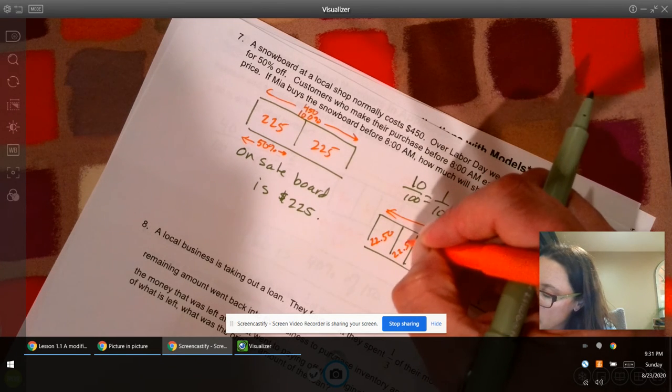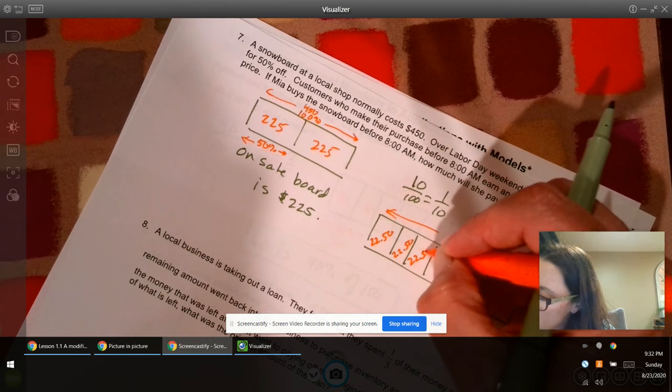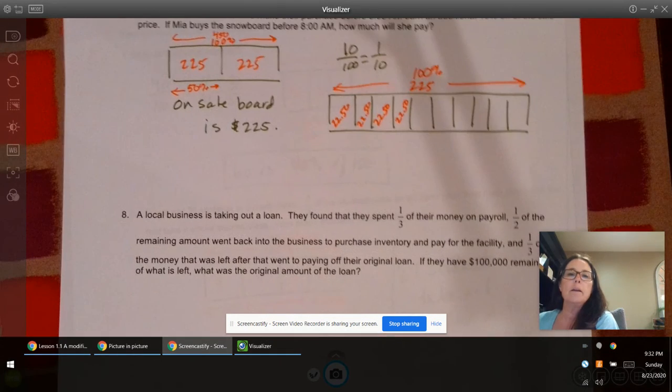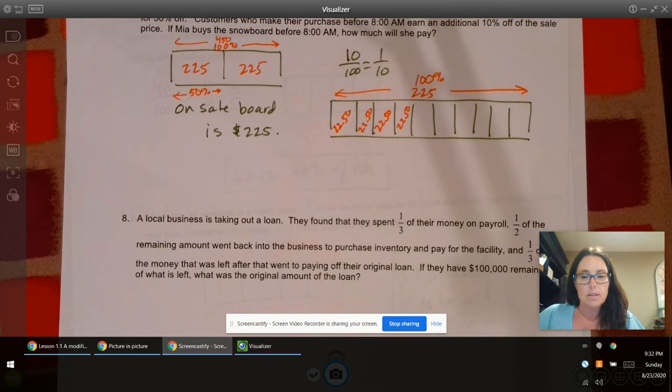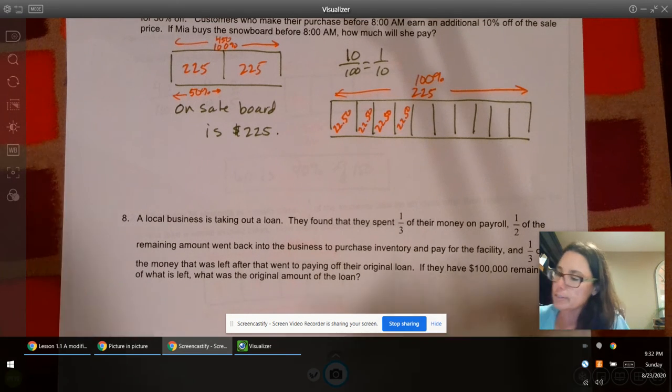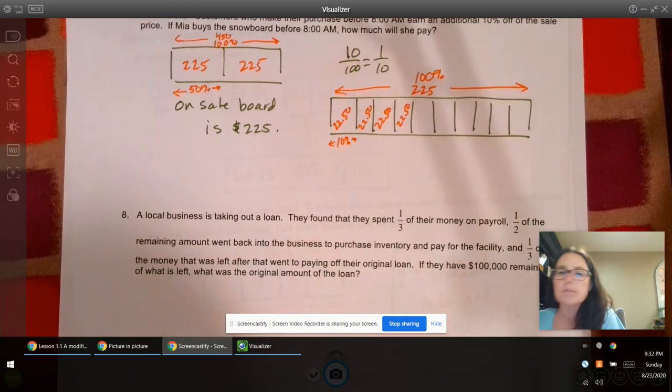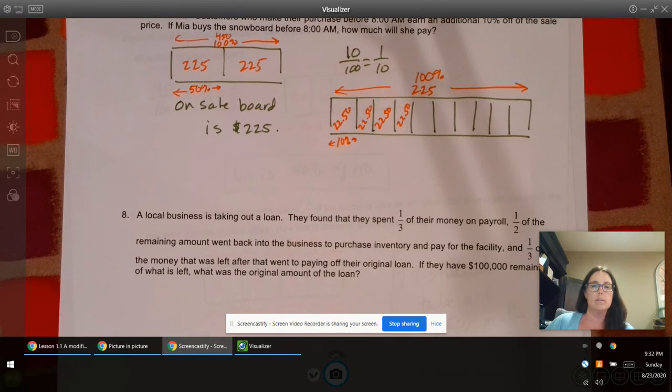I'm not going to write that in all of them, just write it in a few. 10% off is one of these boxes. We have 10 boxes, 10% is one box.